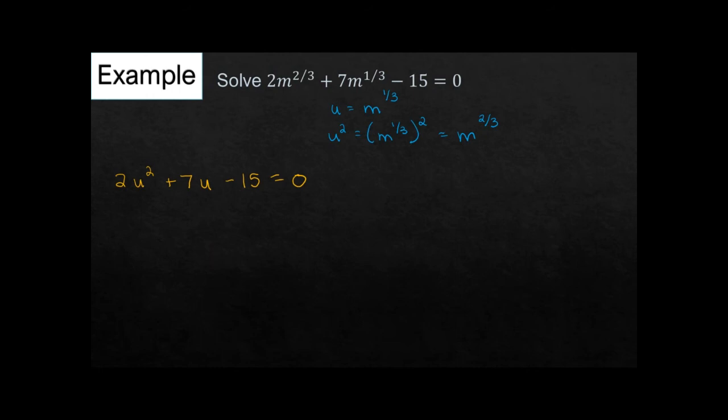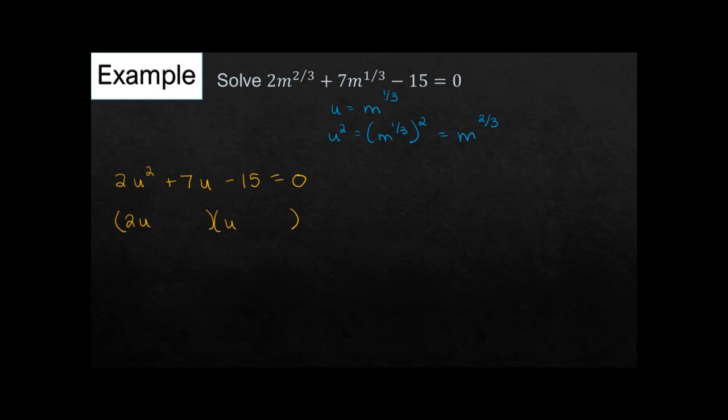And I believe this does factor. This is going to take a little more thinking on my part. I know that to get 2u squared, you need 2u and u. And because of the 7 in the middle, let's see, I'm trying to think. For 15, we've got 3 and 5.